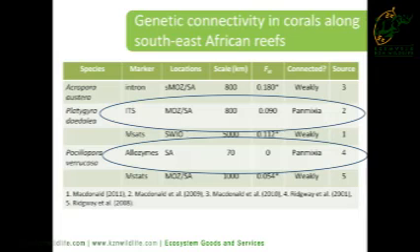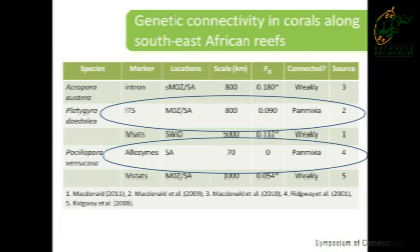With that assumption, many studies have been done on genetic connectivity. Those are some of the ones that have been done on corals, and I'm only showing the ones on coral, not fish, because I believe that corals, or sessile organisms, non-mobile organisms, will show you true connectivity. Fish will show you connectivity not because of gene flow, but because of movement of adults, but that's another discussion.